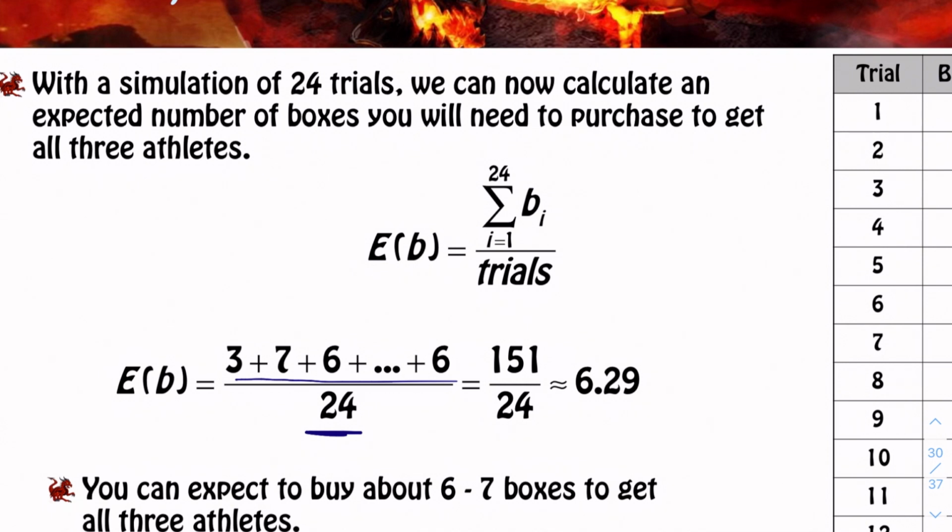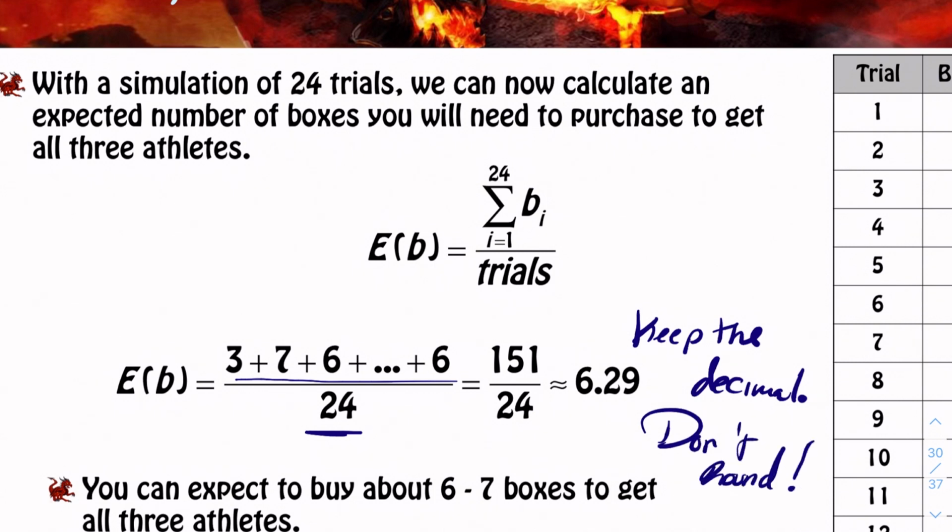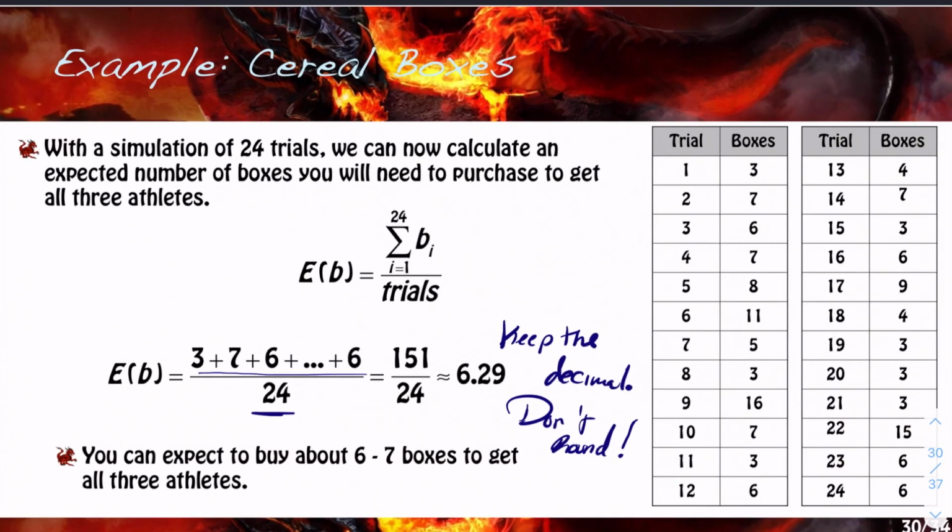So I would get 151 divided by 24, which is 6.29. Keep the average. Don't round. You can expect to buy about 6 to 7 boxes to get all 3 athletes.